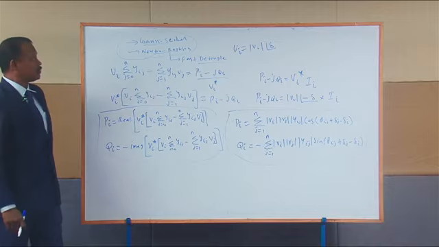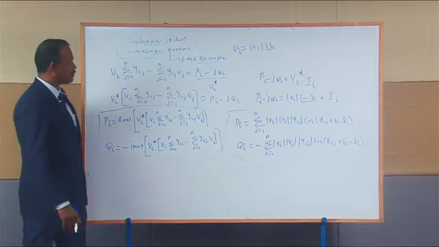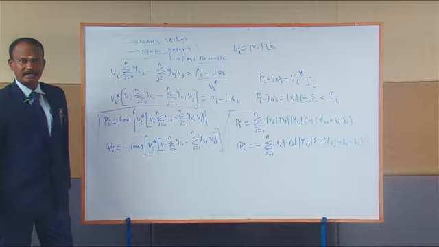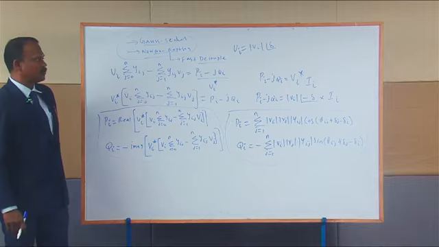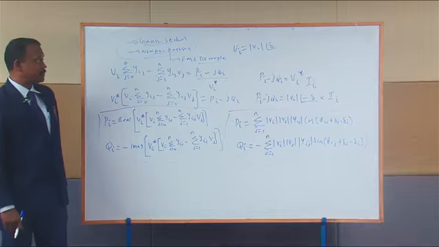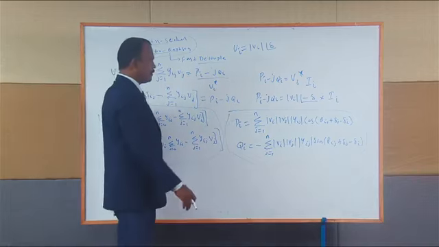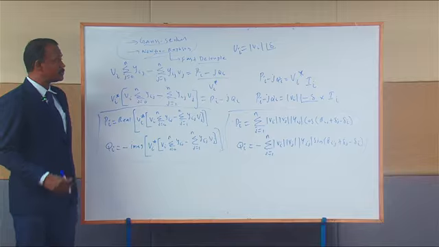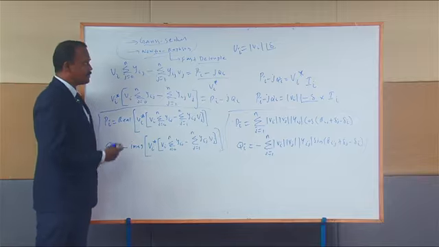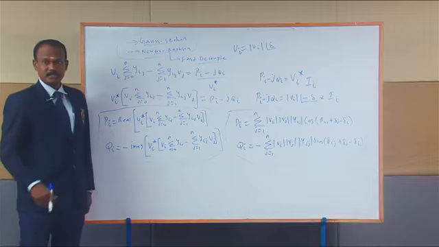Both these methods are numerical methods, or iterative based methods. If you want to get the solution for the power flow equations, we start with the initial value and slowly progress through the iterations, and when you reach the final solution, then your solution is converged.